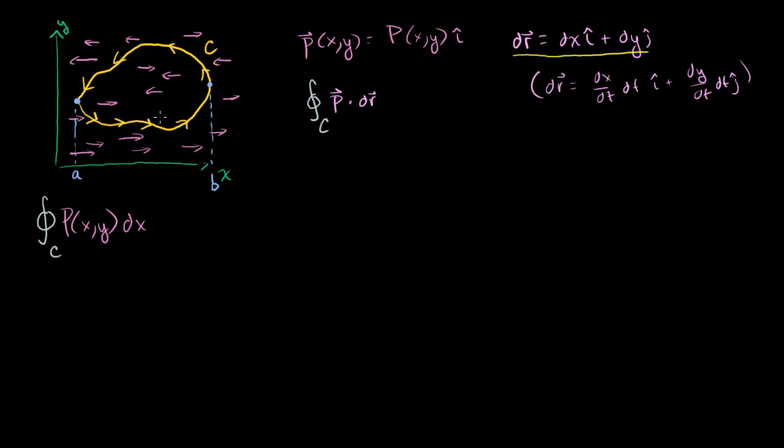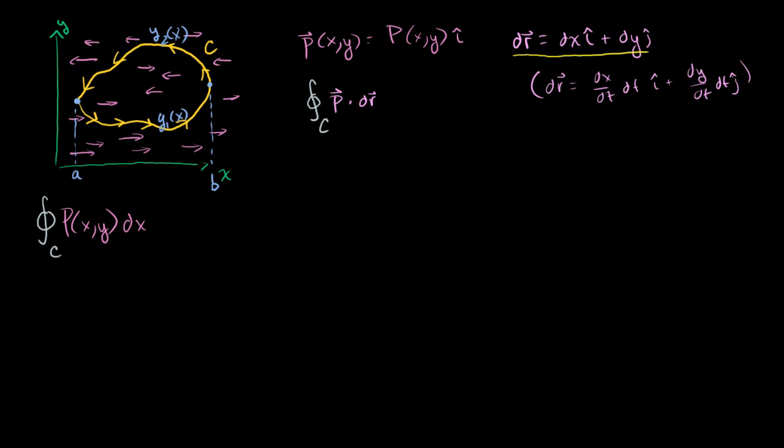So this bottom one right here, we could call y1 of x. This is just a standard curve. When we were dealing with standard calculus, you can imagine this is f of x, a function of x. And this is y2 of x.